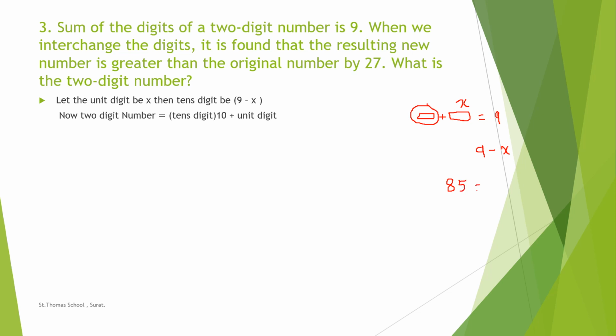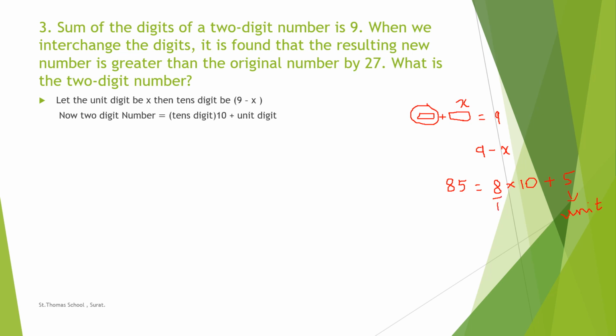What is the expanded form of 85? We can write it like this: 85 is equal to 8 multiplied by 10 plus 5. Is it correct? Expanded form? Yes. 8 multiplied by 10 plus 5. What is 5 here? It is the unit digit. Now, what is 8 here?